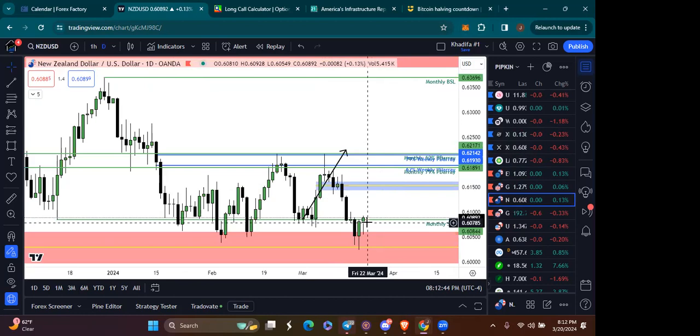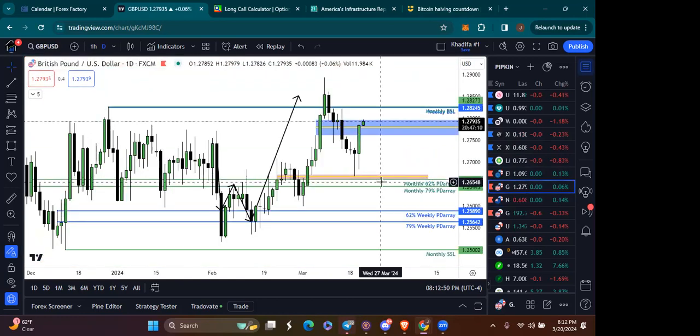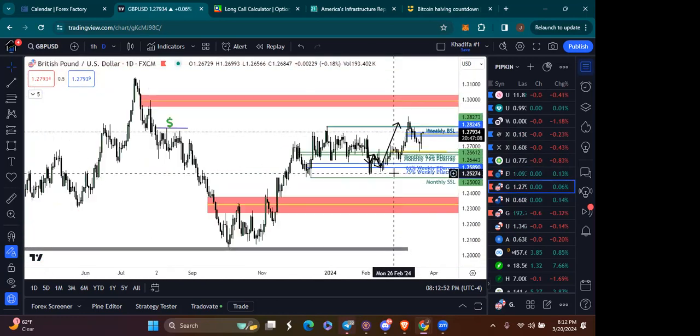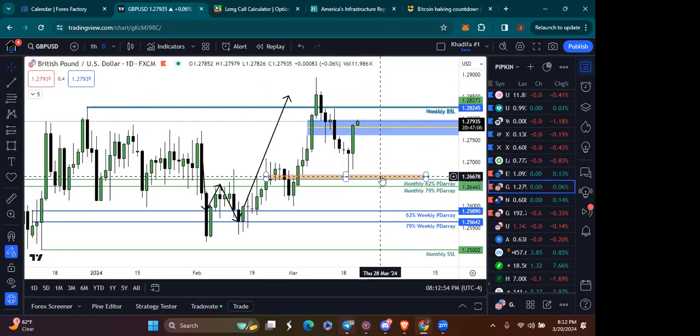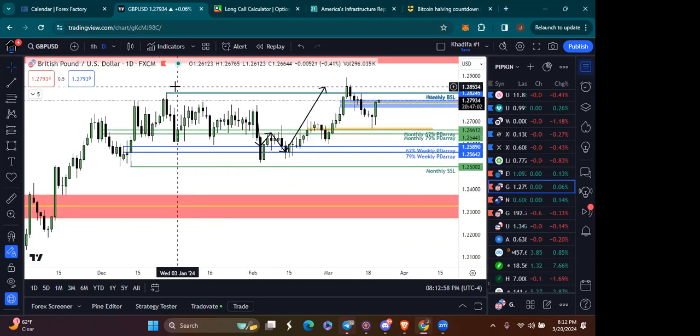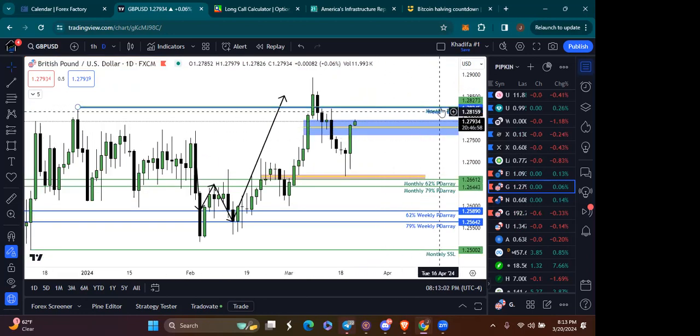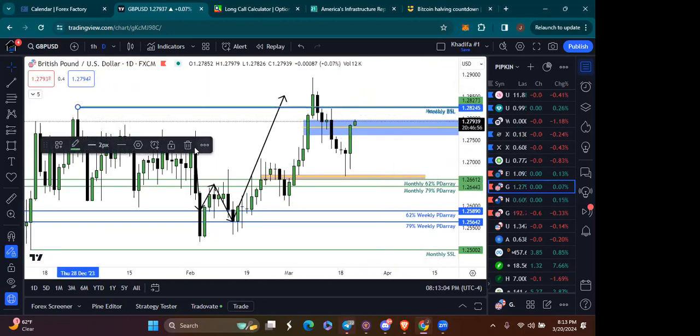Even more reason why I think price is going to continue to push higher for currencies, right? Now, I don't know about the pound, right? Because, like I said, we already ran that monthly buy side liquidity.